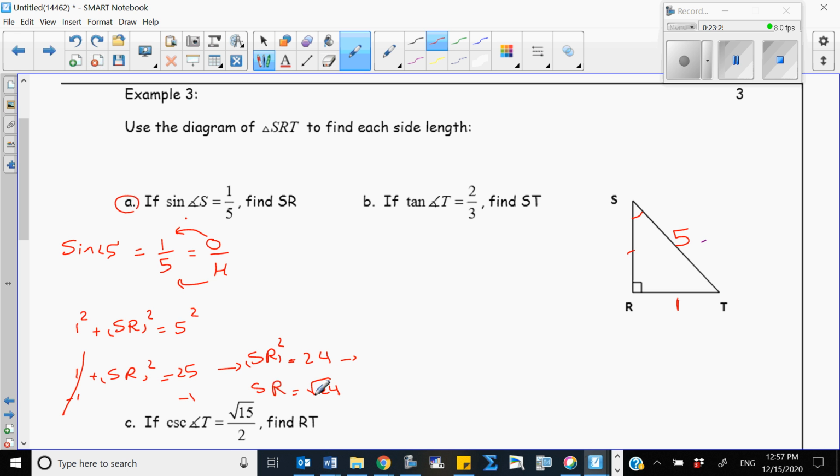Once again, it's basically plus and minus, but we don't take the negative one. Now I just need to simplify the square root of 24. Let's see if we are able to simplify that. 24 is 4 times 6, and 4 is 2 times 2, 6 is 2 times 3. So 24 is 2 times 2 times 2 times 3.